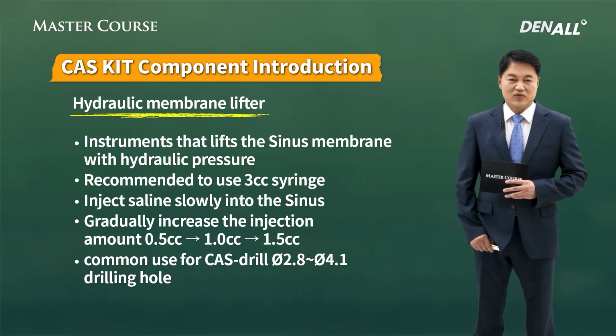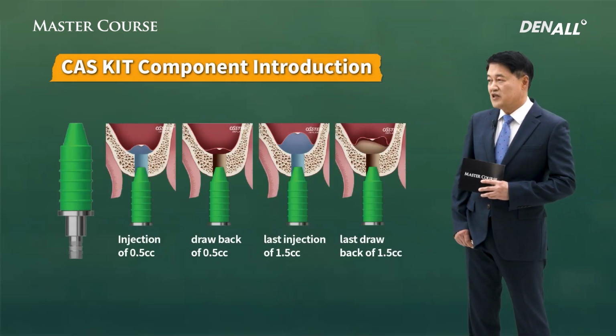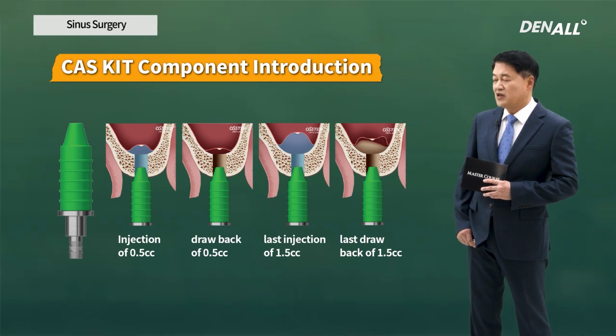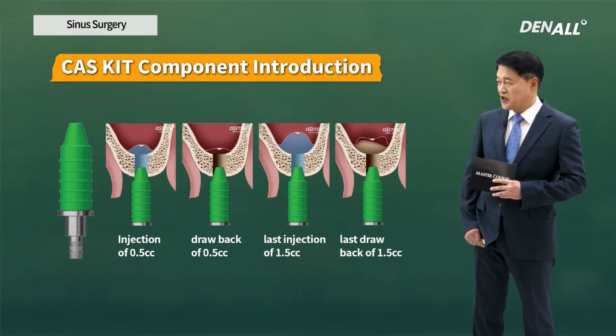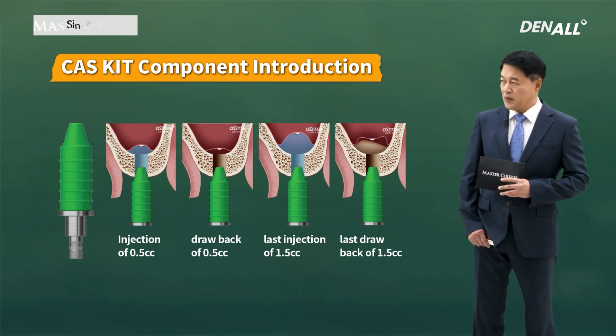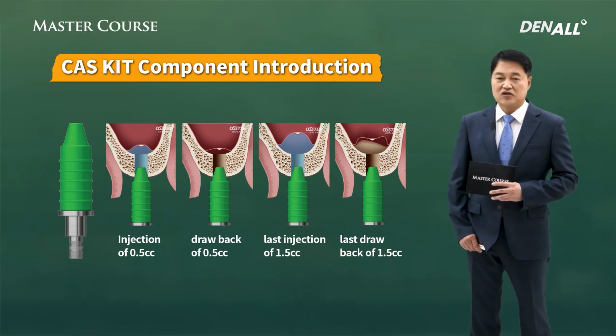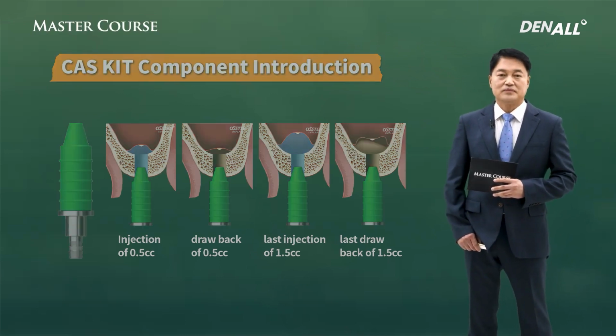It can be used for all CAST drill holes. As you can see, the lifter is fixed, and you put in 0.5 and remove it, and finally you put in 1.5 cc and draw back, and by doing this you do hydro lift. It's not too strong or too gentle, and you lift using the hydraulic pressure.